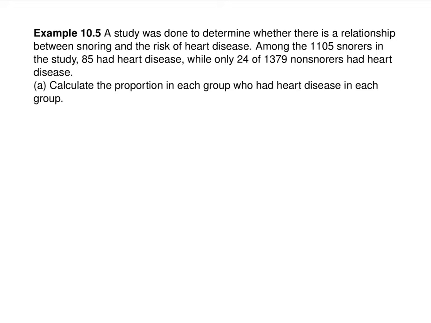Of the 1,105 snorers, 85 had heart disease, while 24 of the 1,379 non-snorers had heart disease. So what's the proportion in the first group that has heart disease? 85 out of 1,105 comes out to be 0.077, so 7.7%.